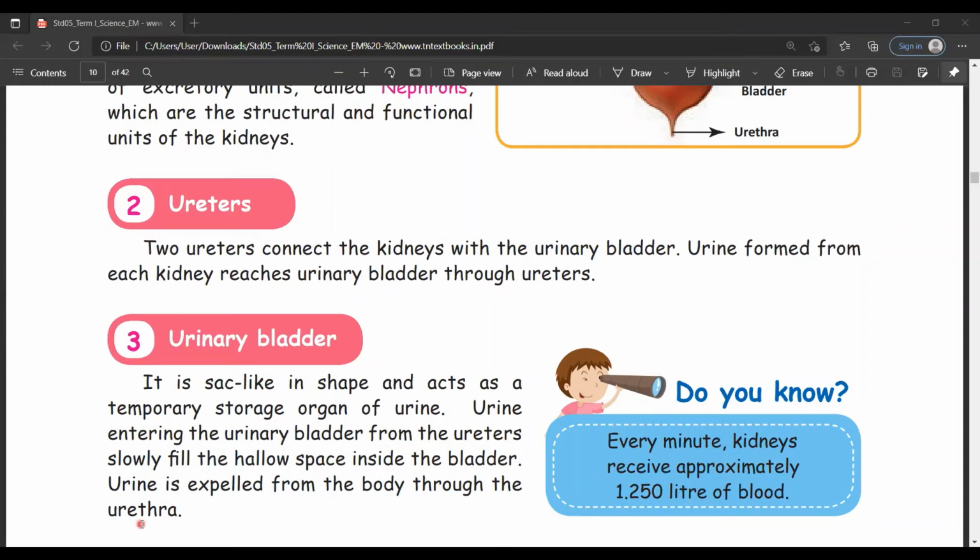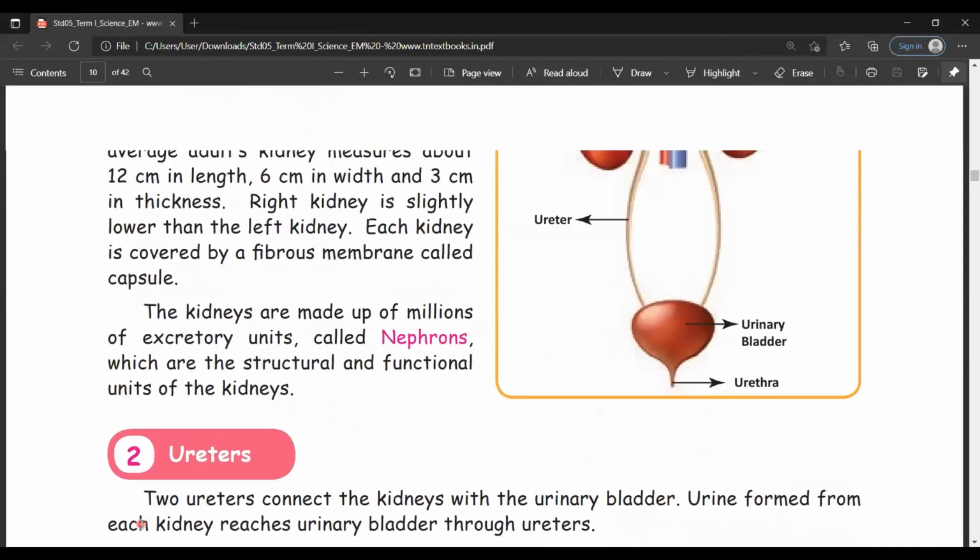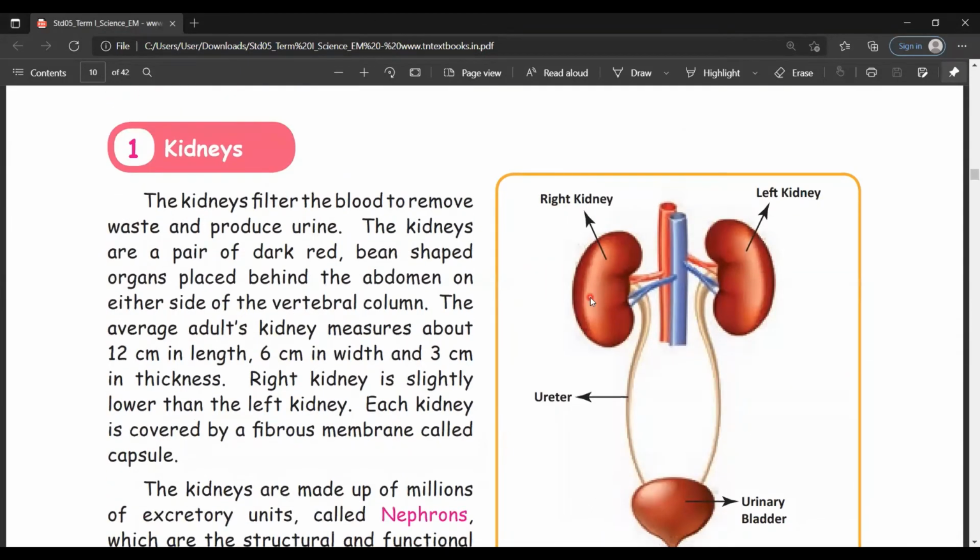Okay, children, now let's see the diagram. So these are the two kidneys, right kidney and left kidney. They are bean shaped, isn't it? Dark red.